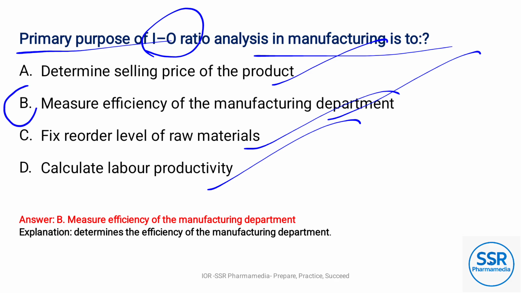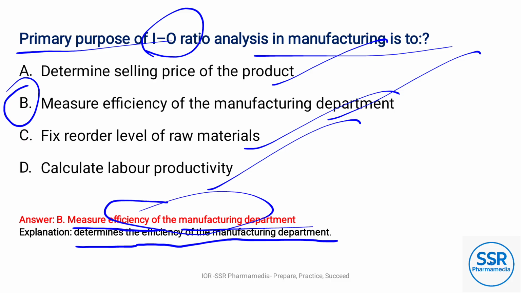So the answer is option B. It measures, or determines, the efficiency of the manufacturing department.